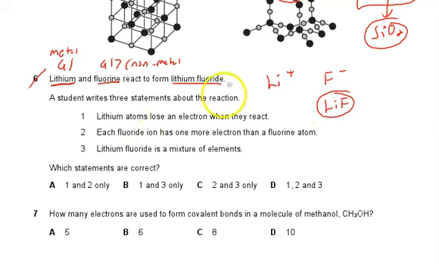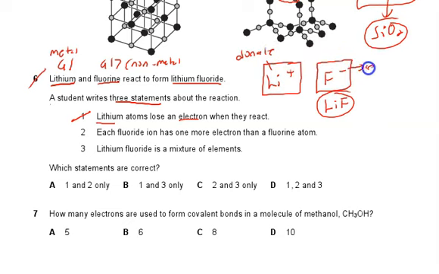Okay, now let us look at them one by one. A student writes 3 statements about the reaction. Number 1, lithium atom loses an electron when they react. So they donate the electrons, and the fluorine will be receiving the electrons. Now number 2, each fluoride ion has one more electron than a fluorine atom.